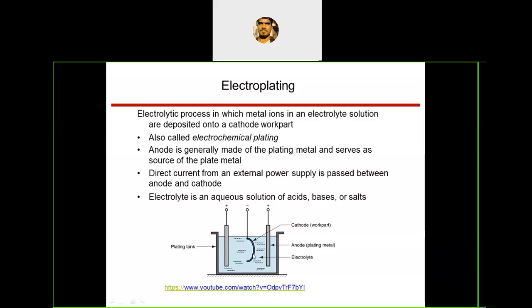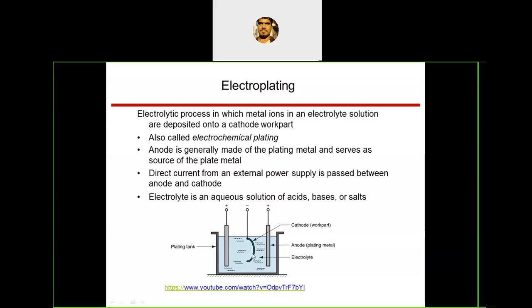Clear? And this is done with the help of the electrolyte. The electrolyte dissolves the positive particles in the solution, and these positive particles start moving towards the cathode or work part. On that work part they start depositing.